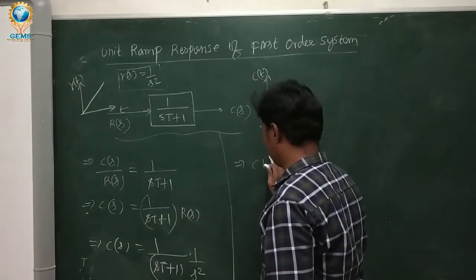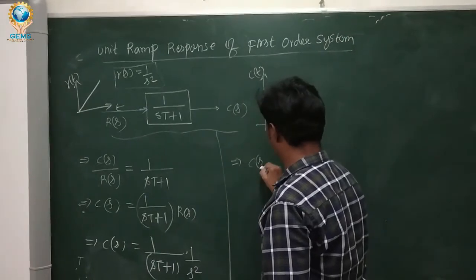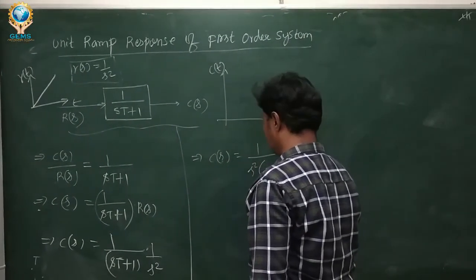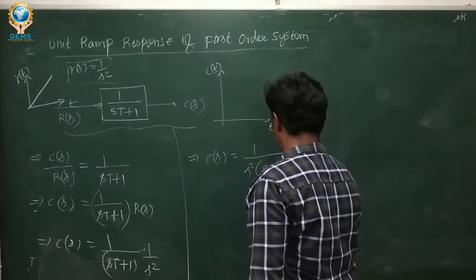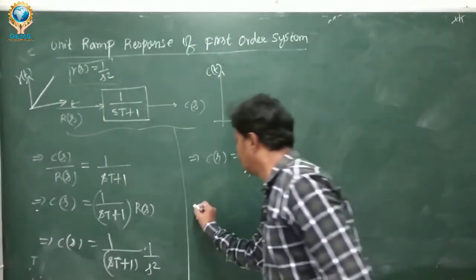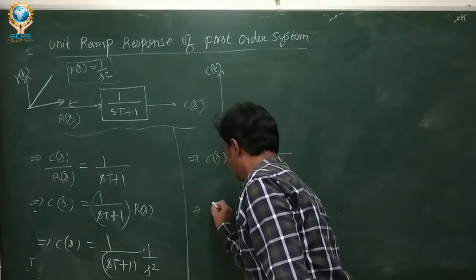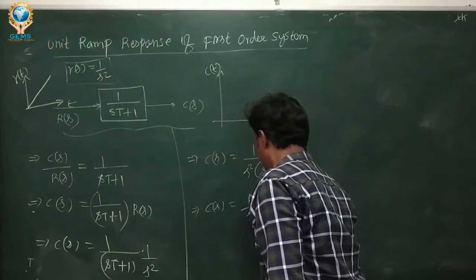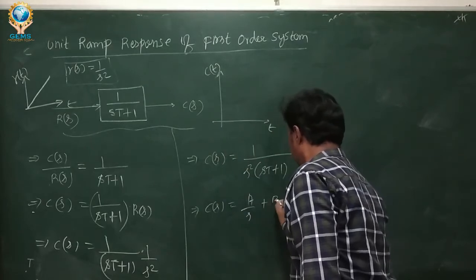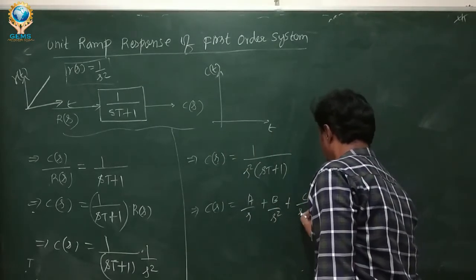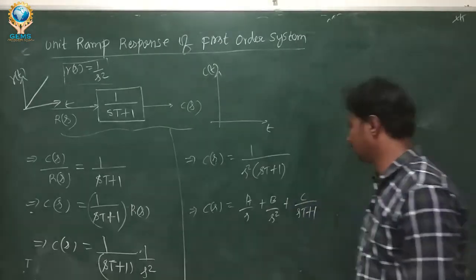So C(s) is equal to 1 by s square (sT plus 1). Now you apply the partial fraction. C(s) is equal to A by s plus B by s square plus C by (sT plus 1).